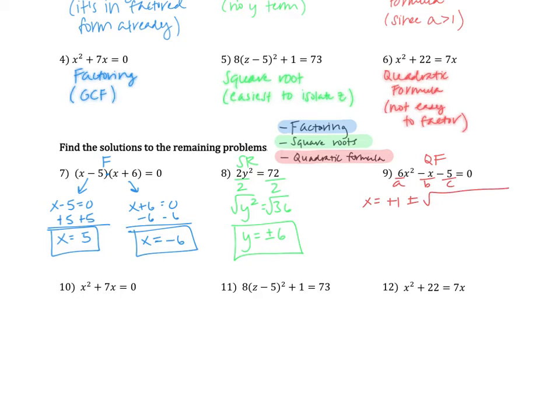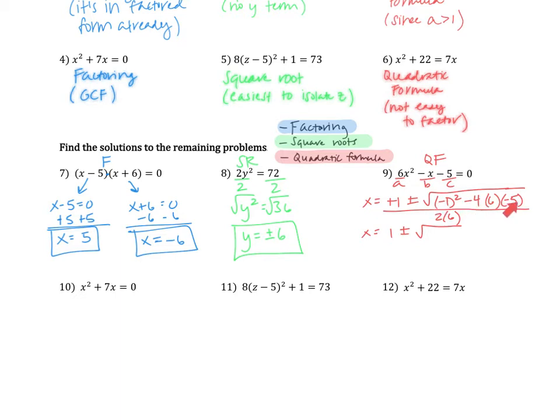The square root of, well, that's going to be B squared, so -1 squared. Plus, minus 4 times our A value of 6 times our C value of -5. And that's all going to be divided by 2 times 6. So if we keep working through here, we have 1 plus or minus the square root of, well, this is going to be 1.